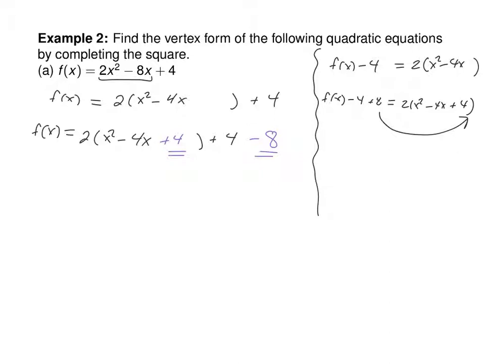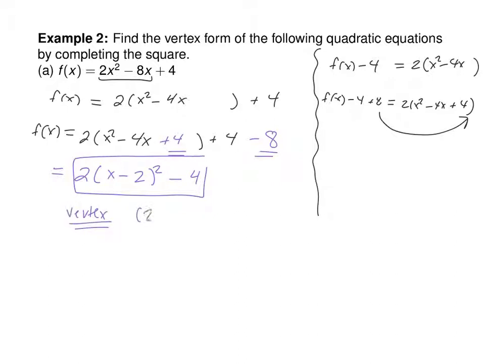Does that idea make sense? It's going to be faster. And then you factor. This becomes 2 parentheses x minus 2 squared minus how much on the end? 4. And where is the vertex? 2, negative 4. Yep, over 2, down 4.